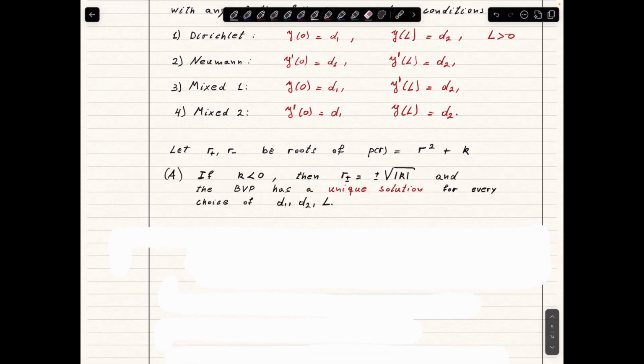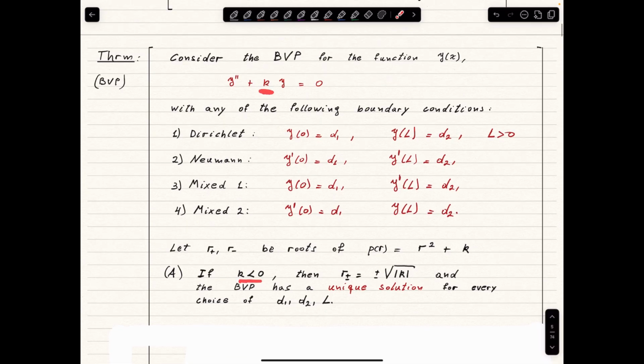The first case is that if the constant k, this constant k that shows up in the equation, is negative, then when you move it to the other side of the equation it becomes positive. So the roots are going to be real and different.